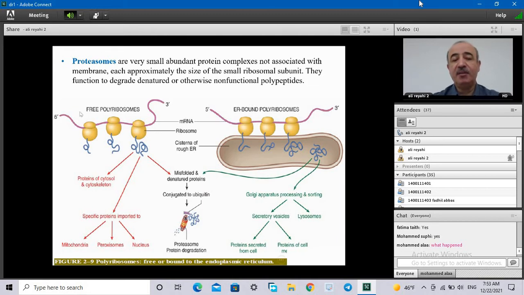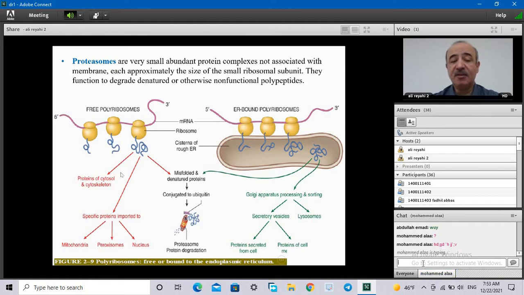Sometimes the free polyribosomes, okay, and ER bound polyribosomes. If you remember, there are two types of polyribosomes within the cytoplasm. Free polyribosomes are involved in production of proteins destined for the cytosol or the cytoskeleton, for example.